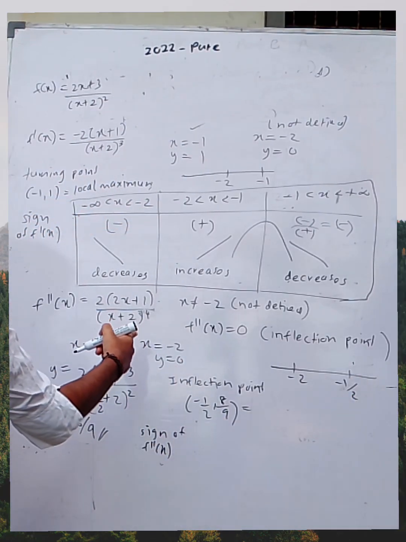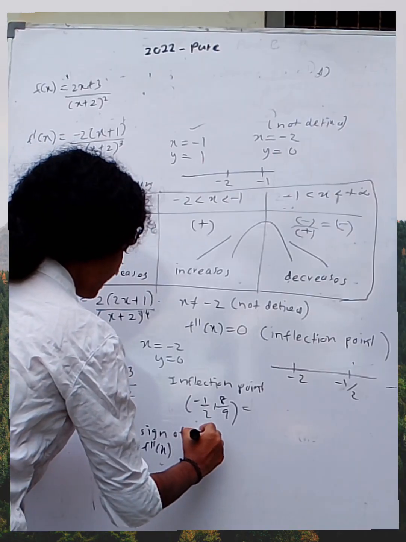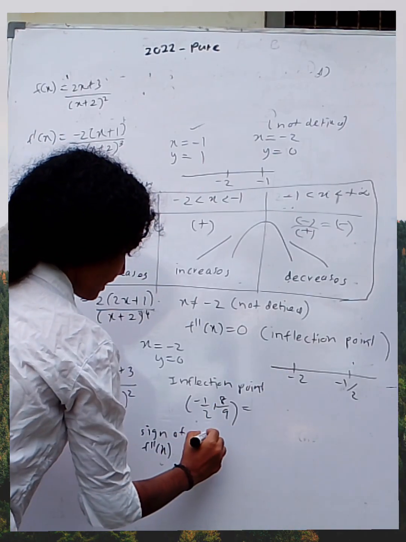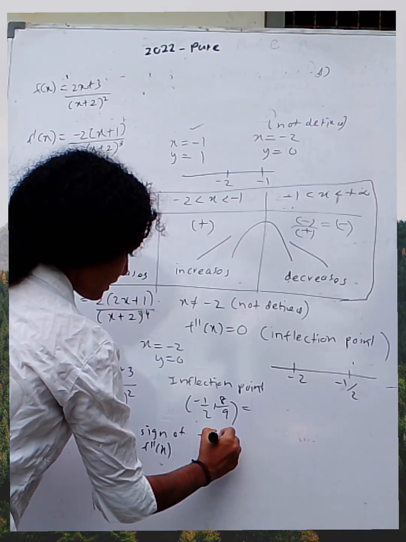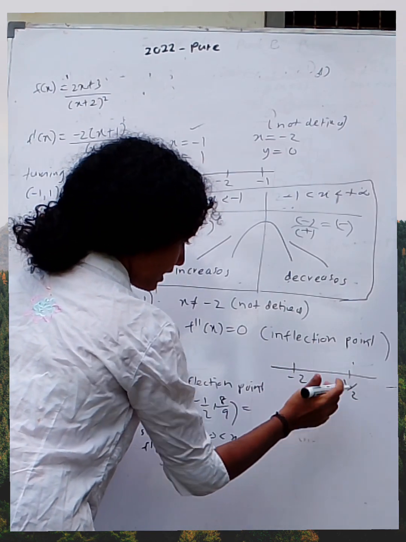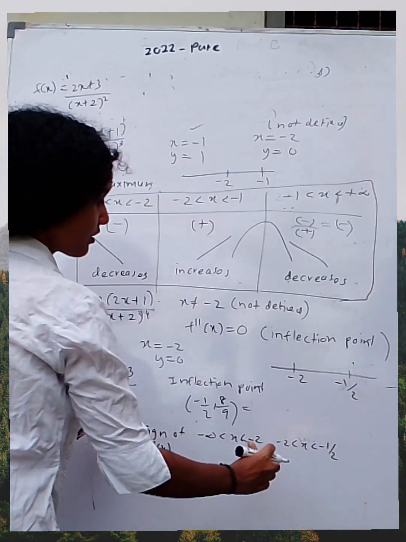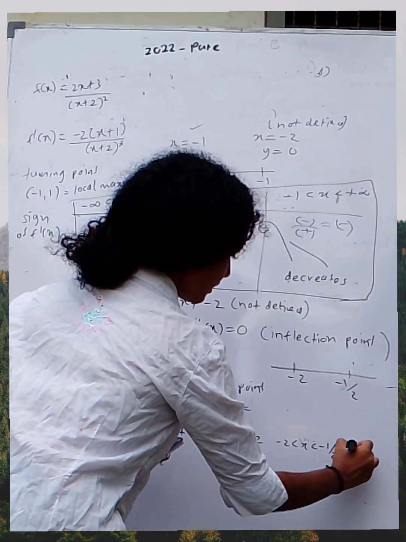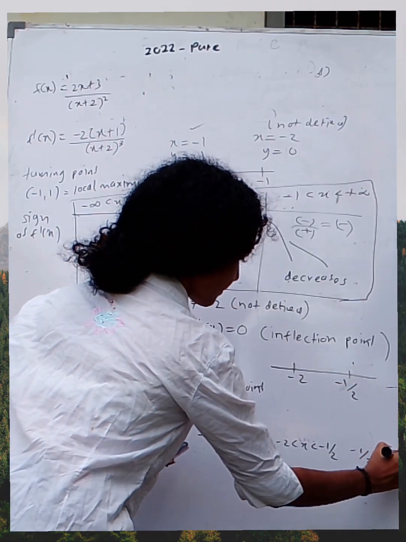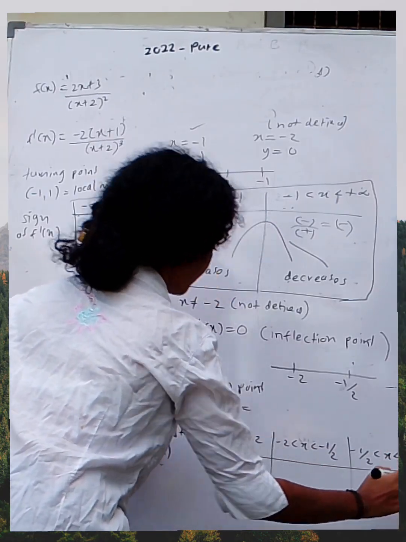Those are the only 2 points. The ranges are between minus infinity and minus 2, between minus 2 and minus half, and between minus half and positive infinity. These are the ranges in table format.